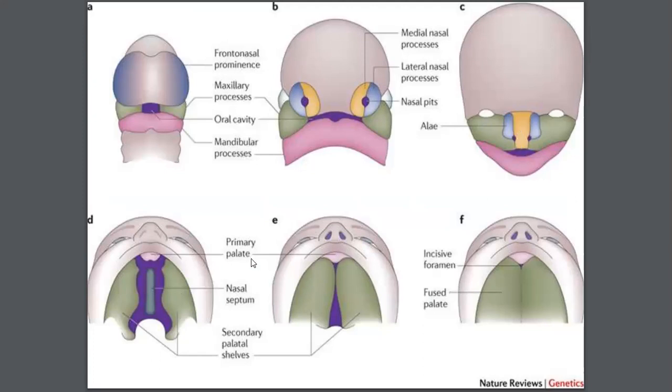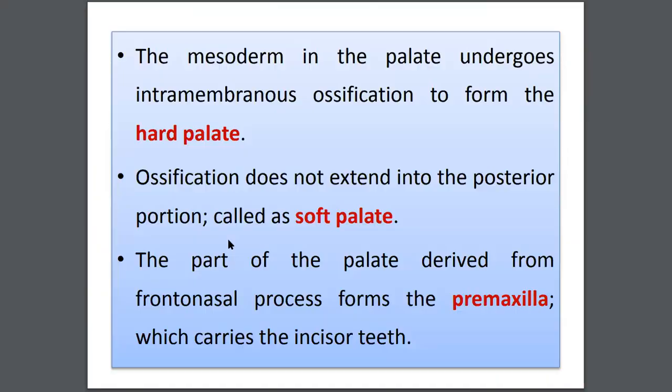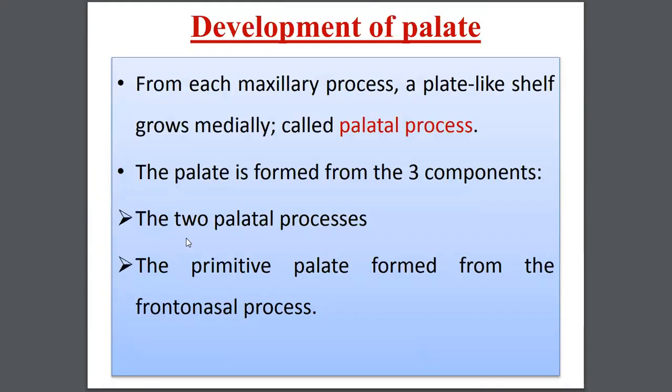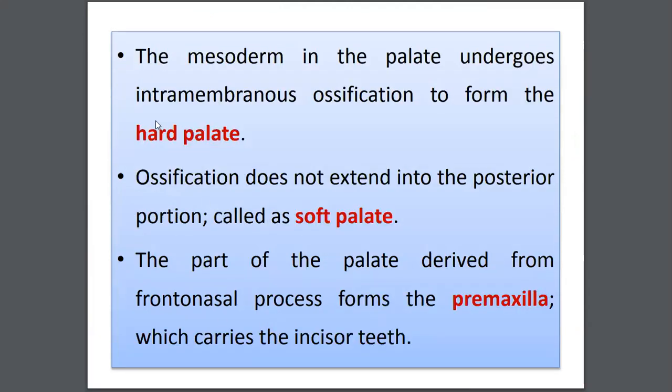This frontonasal process is forming the primitive palate, and the shelf-like projections are growing towards each other, completely fusing craniocaudally to form the hard palate. That is, the maximum area is actually formed from the palatal processes of the maxillary processes. Then the primitive palate is formed from the frontonasal process. The mesoderm in the palate undergoes intramembranous ossification to form the hard palate.